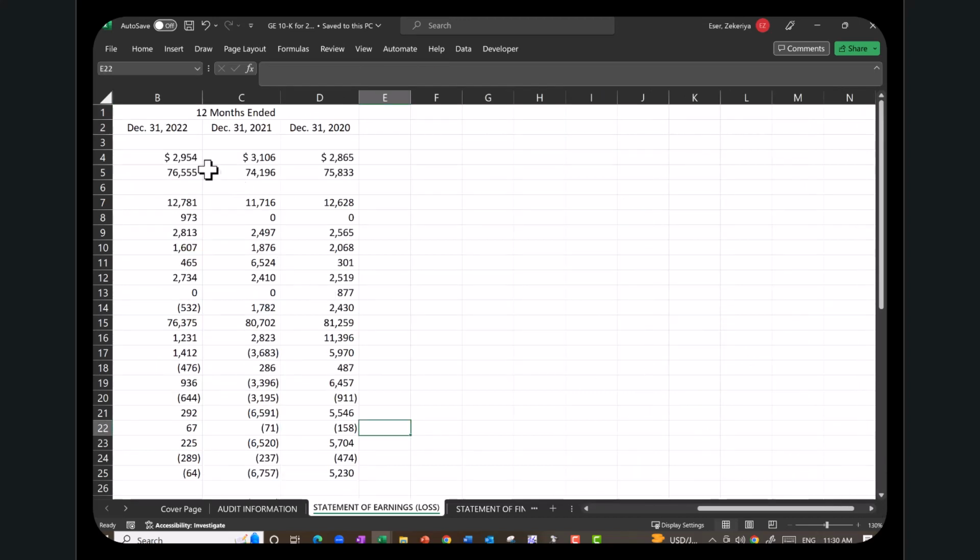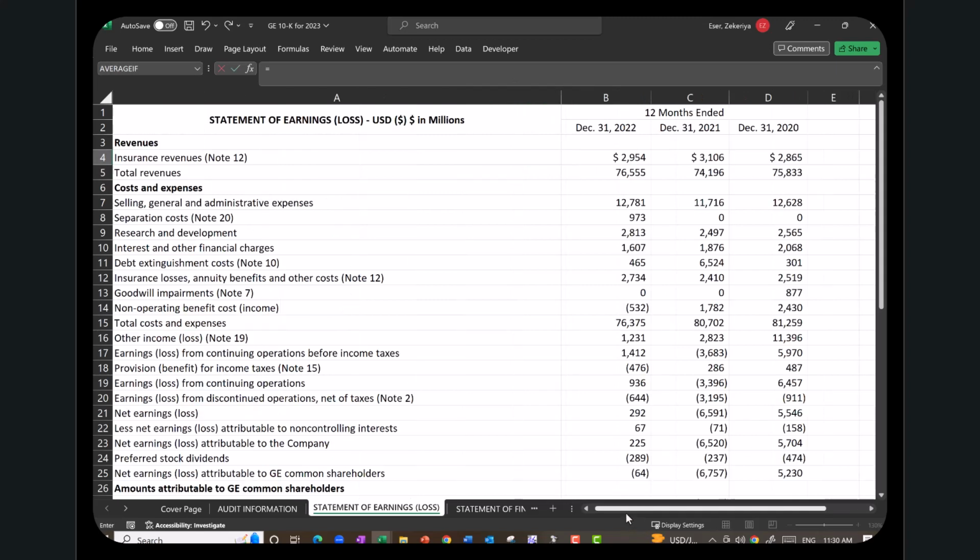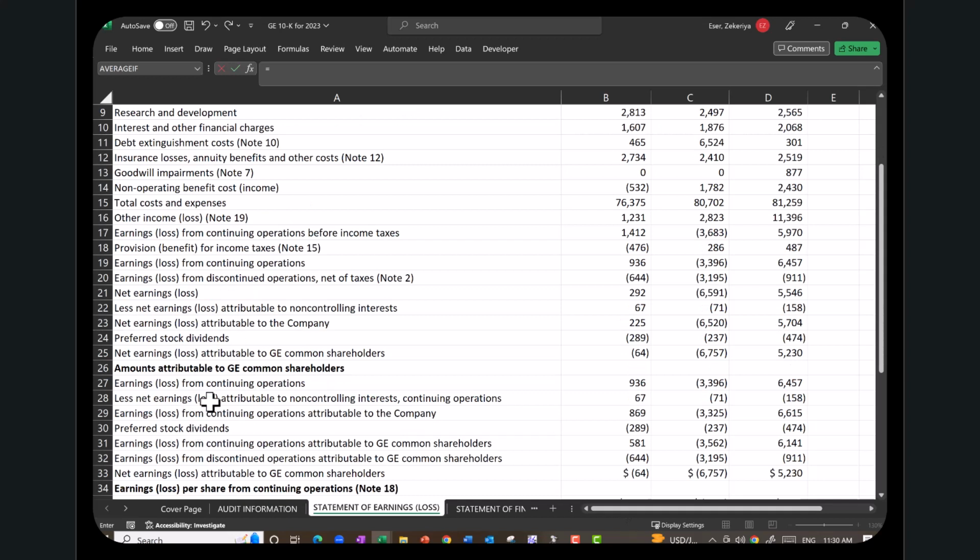So I'm going to do this for 2022 only. Some of it is I'm going to get just the numbers here. Net income. They actually lost $64 million that year.